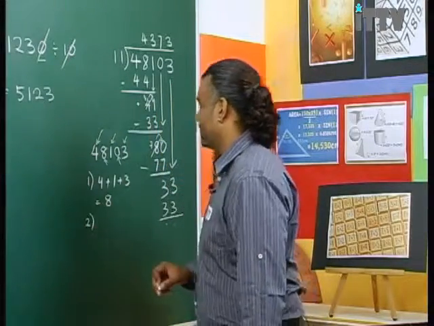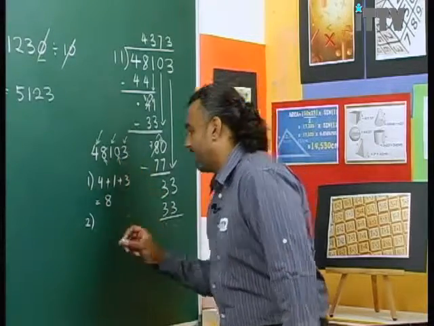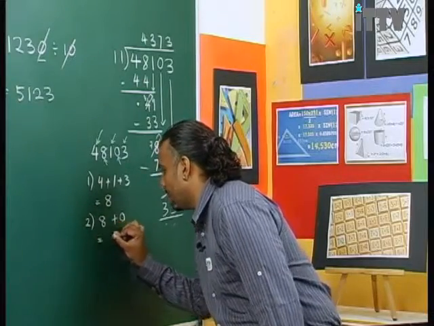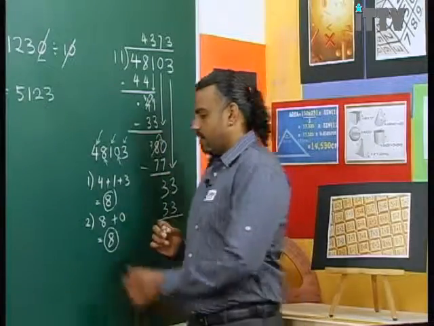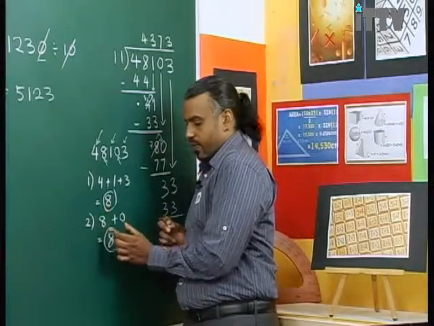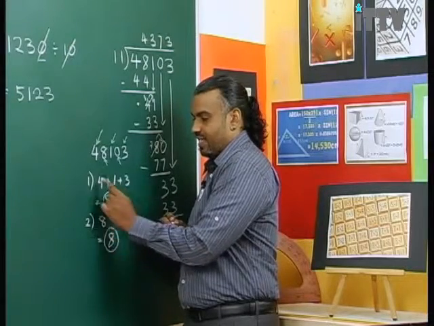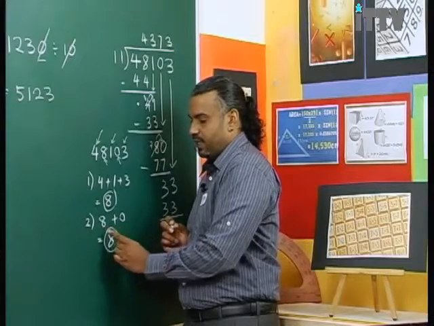Step number 2. Even position. Add them up. 8 plus 0, you end up getting 8. Now, boys and girls, you see, we got a value for the sum of digits in the odd position, and a value for the sum of digits in the even position.